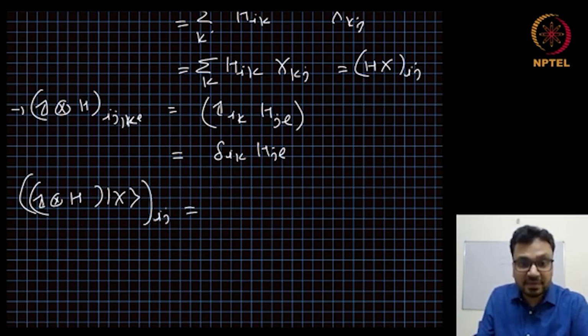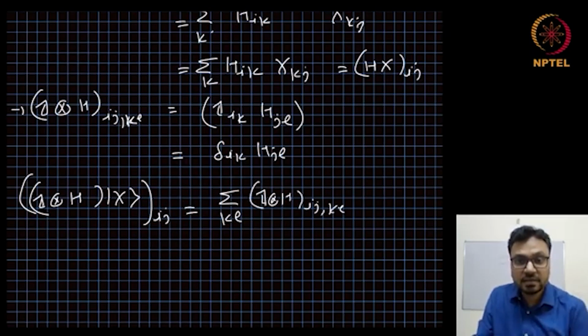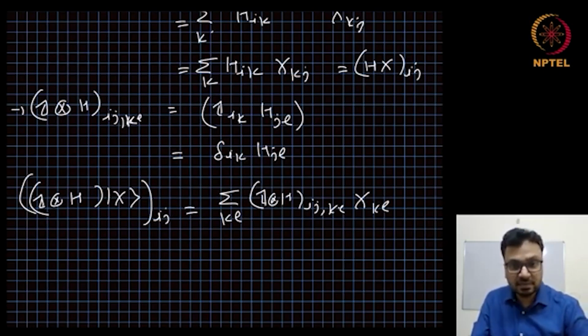the ijth element of that will be sum over kl of identity tensor H ij kl and X kl. The same thing we are doing as in the previous example.